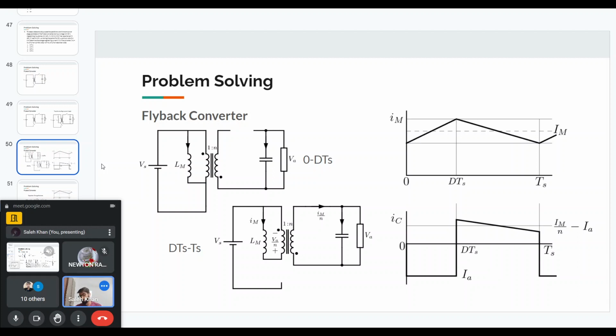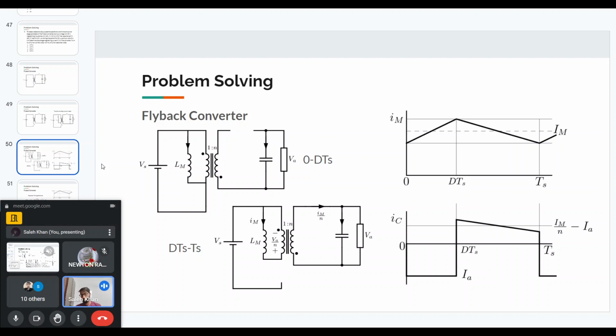That boost PWM rectifier was taught in the previous week, I think. That one will have a full bridge rectifier first, so we get a rectified voltage, and then we will have a boost converter. That will give us a regulated output voltage, and the power factor will be close to unity. And then we will have a flyback circuit.